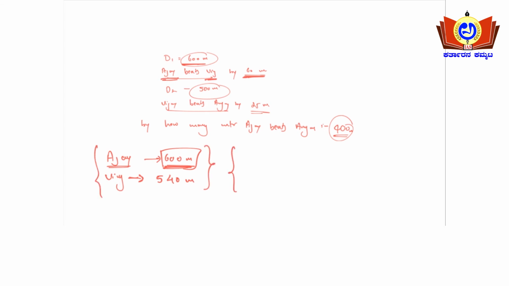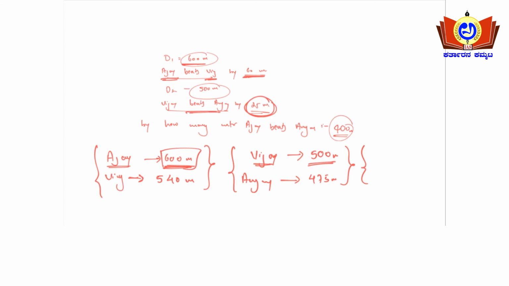Okay, so in the second statement, Vijay in a 500 meters race, Vijay beats Anjay by 25 meters. That is nothing but when Vijay has completed the 500 meters race, Anjay will be 25 meters behind Vijay, that is 475 meters. This relationship you are getting, right?